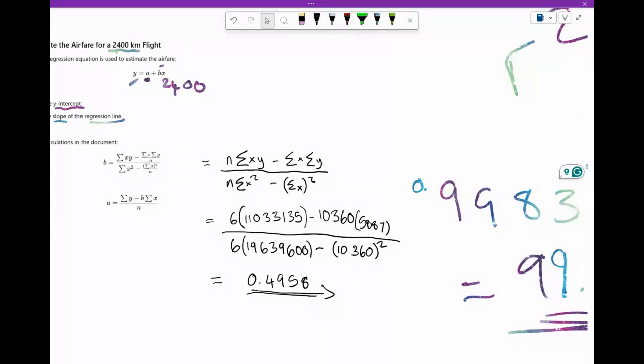Right, so then the next step is to calculate the intercept. In other words, the value of y when x is equal to 0. So here all you simply do is we get the total of y. Let me use a different color here.